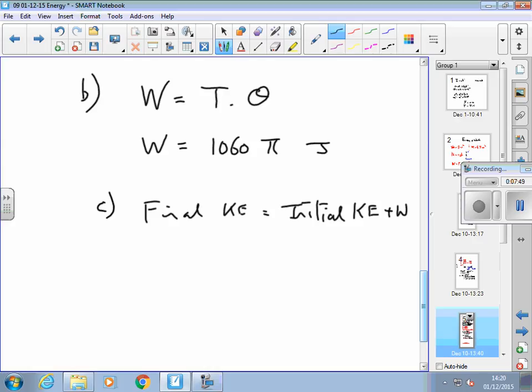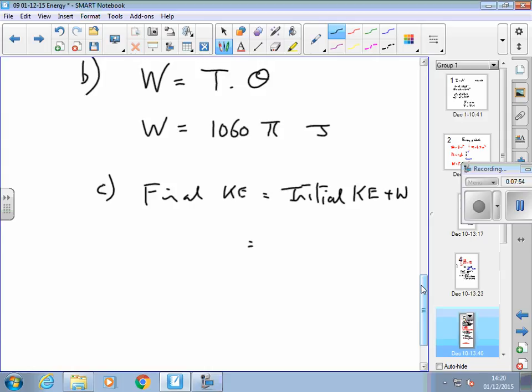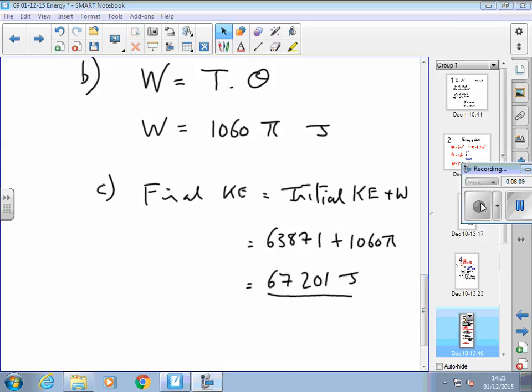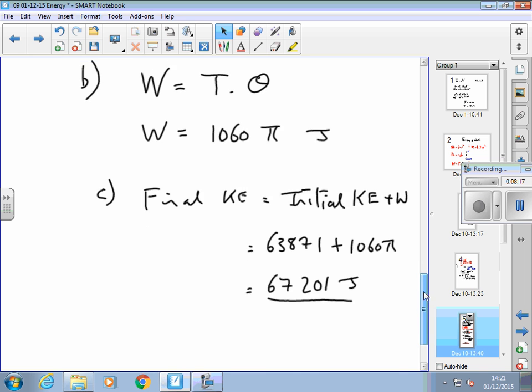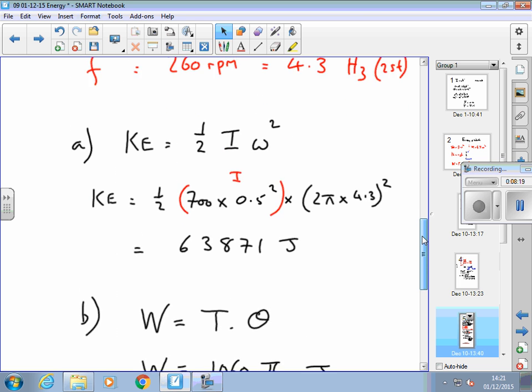So that equals 63871, or whatever value you use, plus 1060 pi, which is 67,201 joules. So that's part C. We've calculated now the final kinetic energy.